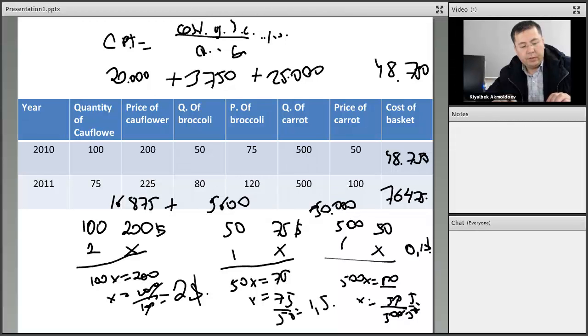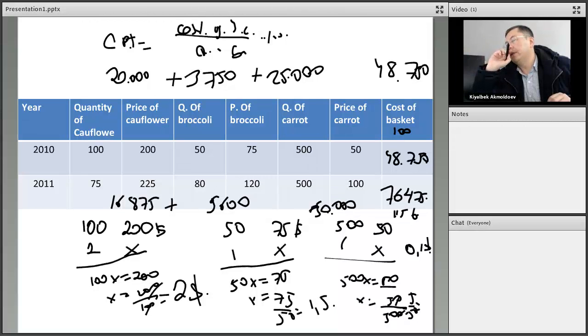So this is 156. So first year CPI was 100, next one 156. Then we can say that prices increased by 56%.